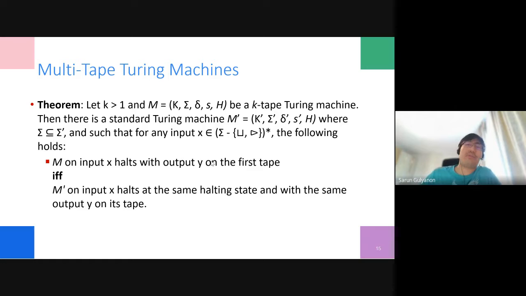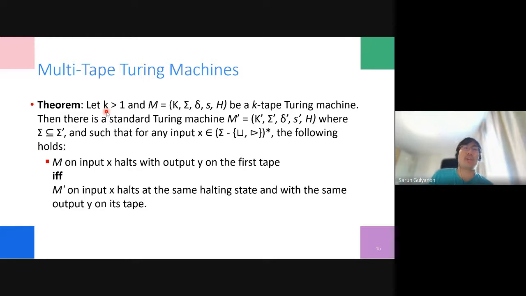So we assume that we have the K-tape Turing machine, and to make it different from the standard Turing machine, we specify that the number of tapes must be greater than 1. If the number of tapes is equal to 1, then it is basically the standard Turing machine.